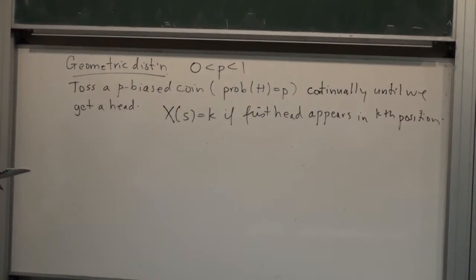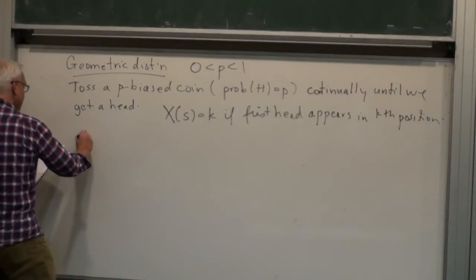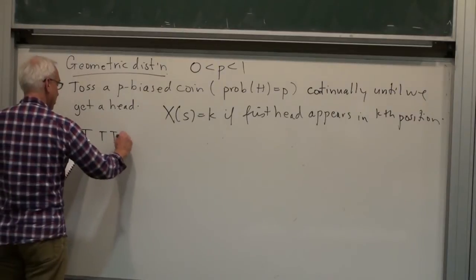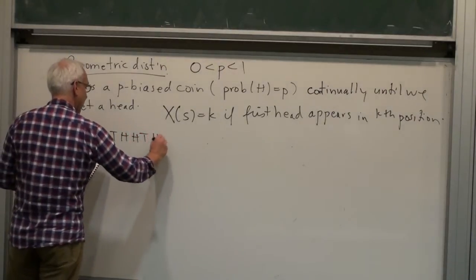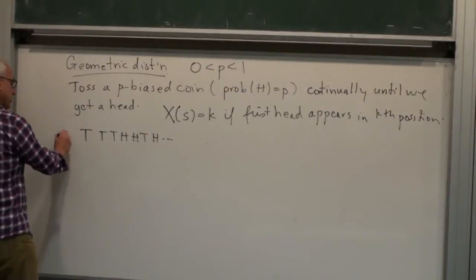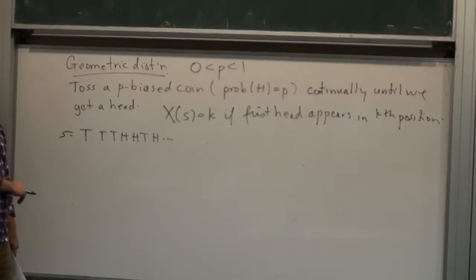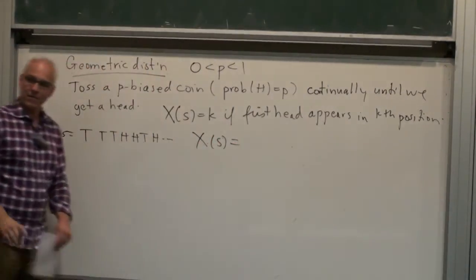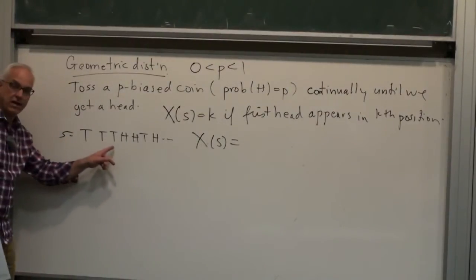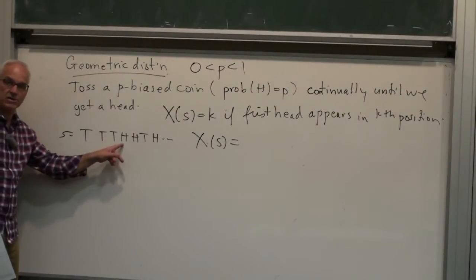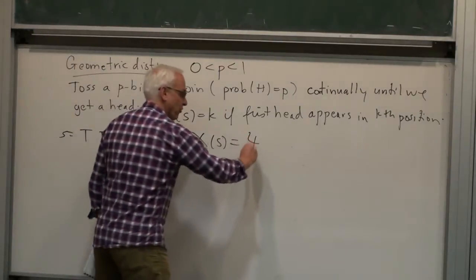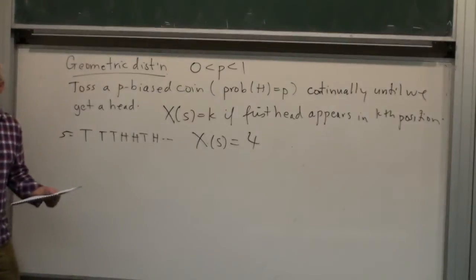So for example, if we had the sequence T, T, T, H, H, T, H, and so on, then the function that we're interested in is where does the first head appear? First head appears in position 4. That's the actual random variable.